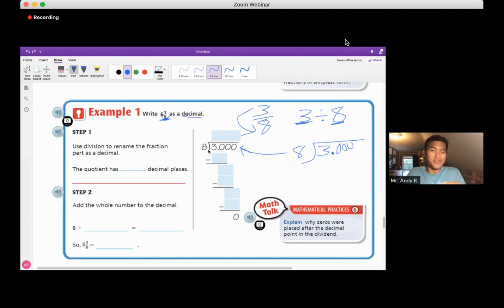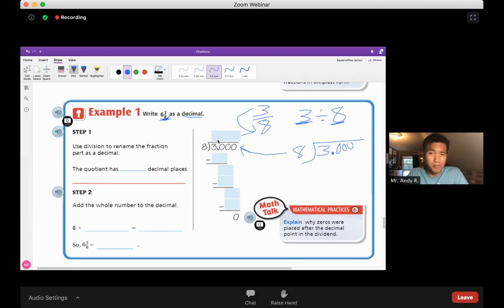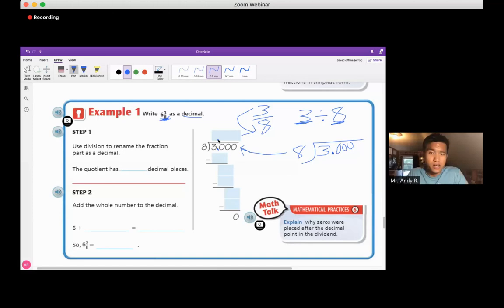So how do we divide with decimal numbers? When you're dividing with decimal numbers, first ignore the decimal point, put it where it would be from the 3, and put it in that same spot for the answer.